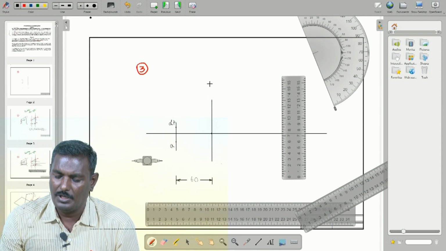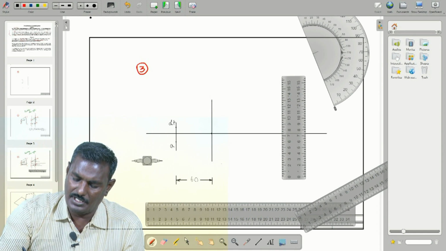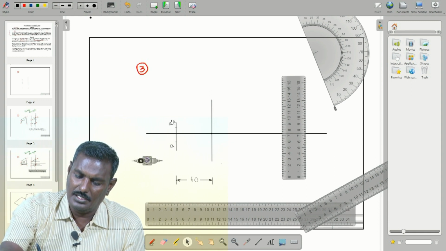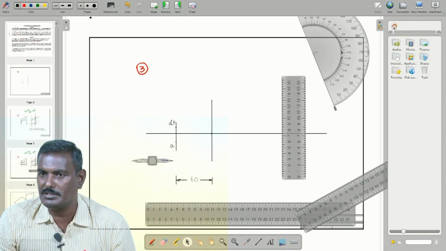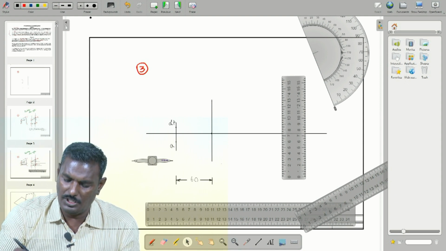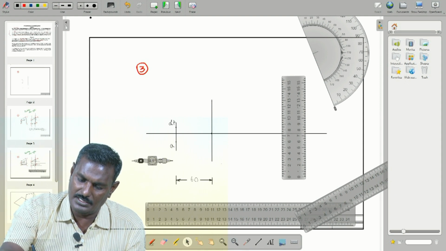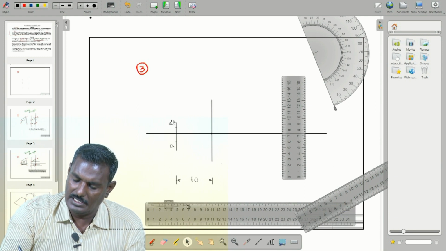70 mm. So now we have to take the compass. In this compass we set 70 mm, 7 centimeter, is it? So take the compass, that is the engineering compass. Measure 70 mm in the ruler. You just place it here, because we measure 70 mm by using this ruler, 70 mm.